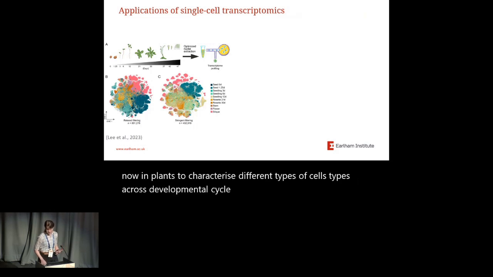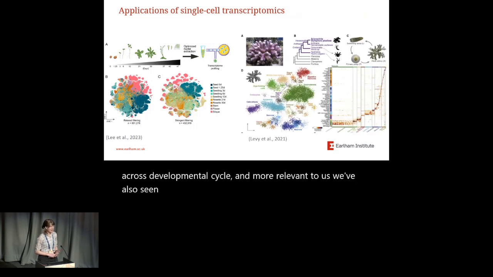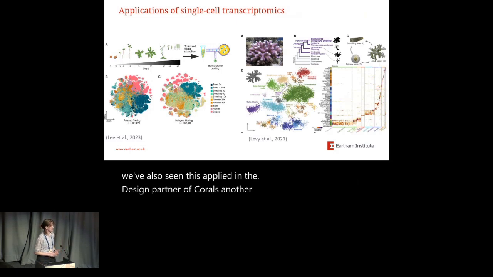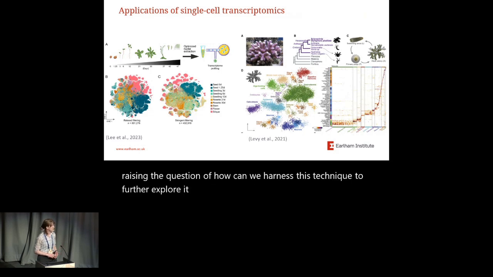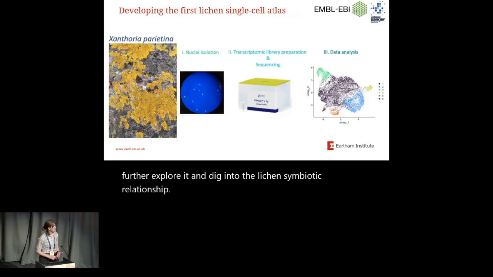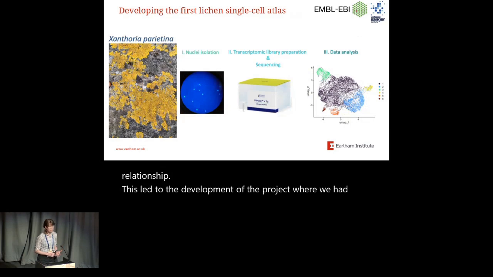And more relevant to us, we've also seen this applied in the metazoan partner of corals, another photosymbiotic association, raising the question of how we can harness this technique to further explore the lichen symbiotic relationship.